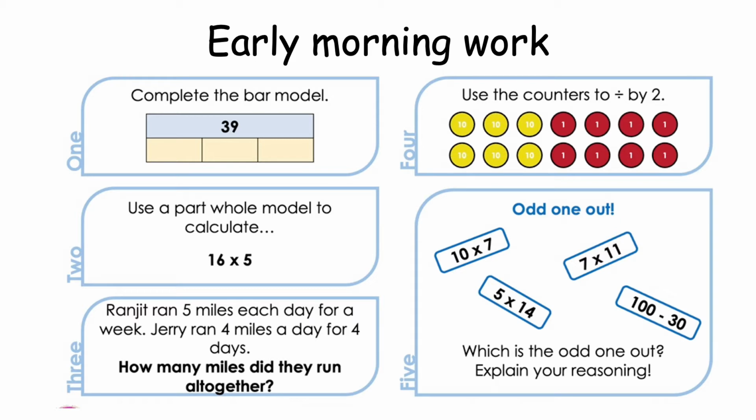So 10 times 7 is 70, 7 times 11 is 77, 5 times 14 is 70, and 100 minus 30 is 70. So which is the odd one out? It is the 7 multiplied by 11, 7 elevens, because that's 77, and all the others are 70. Brilliant.